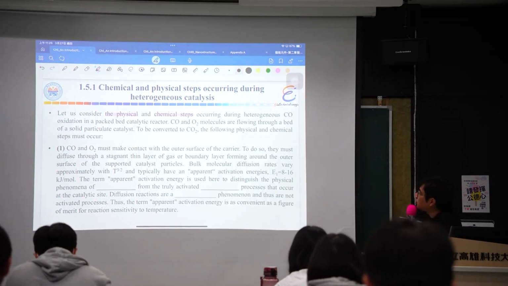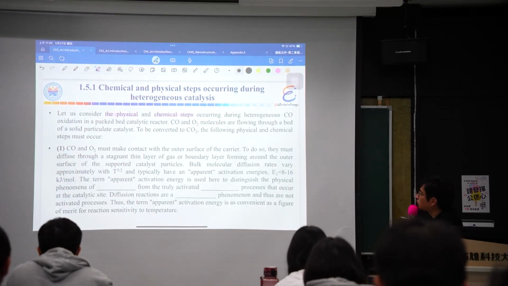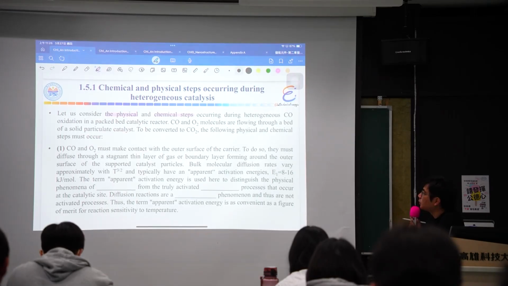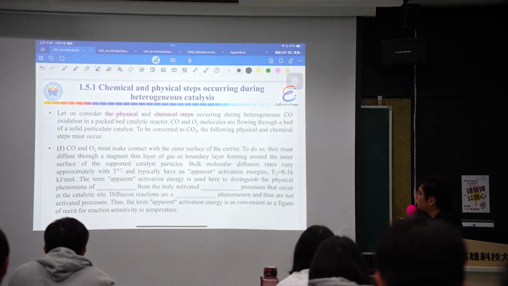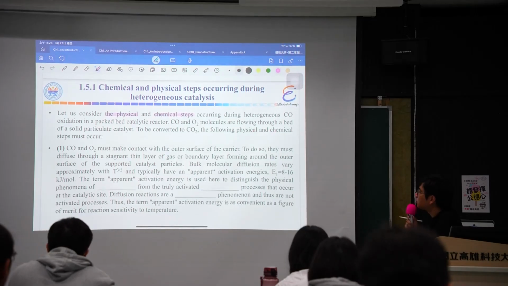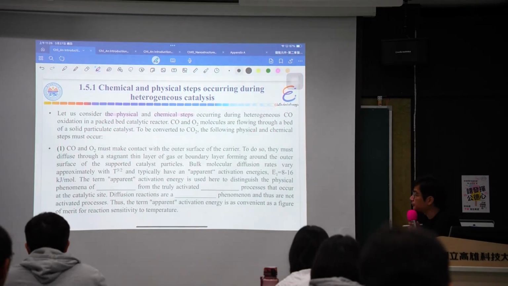So CO, carbon monoxide, and O2 molecules are flowing through the bed of a solid particulate catalyst to be converted to CO2. The following physical and chemical steps must occur.